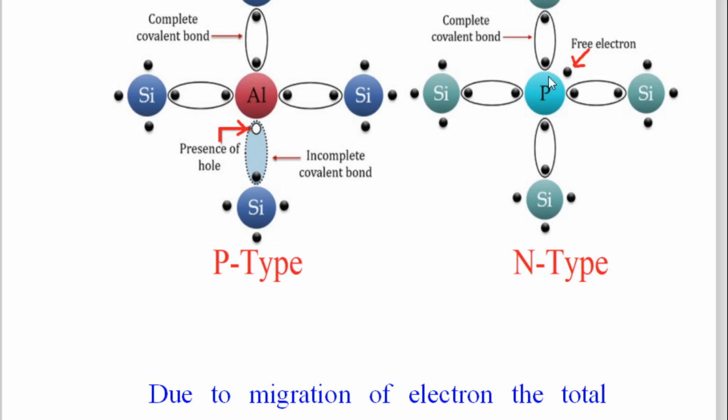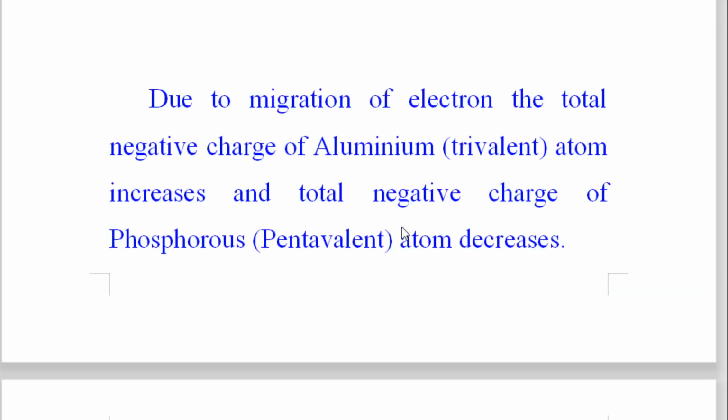And what will happen to the phosphorus atom, the pentavalent impurity atom? It loses the electron, therefore its negative charge decreases. When negative charge decreases, it is said that it is going towards positive charge, and that is what I will show you in the diagram.